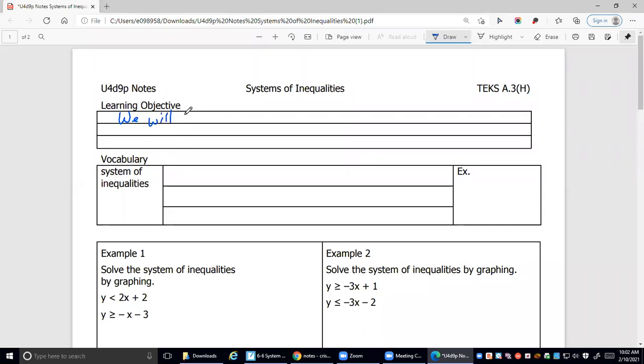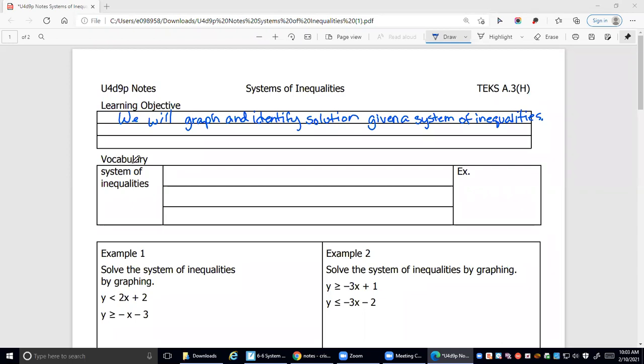We're going to basically graph and identify solutions given a system of inequalities.